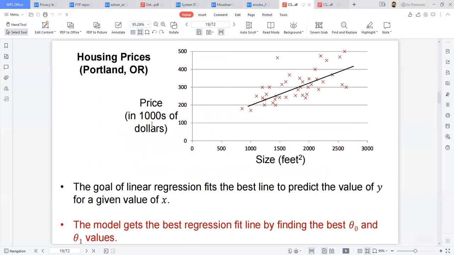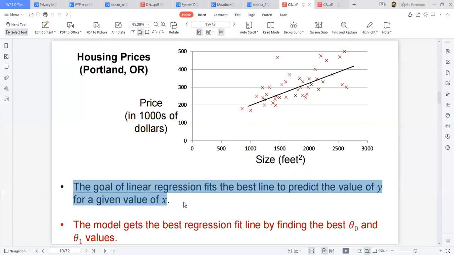Next is similar. We have size and we have price, so we have to set this line on the whole data so that we get the regression line. How can we get that regression line? The goal of linear regression is to fit the best line to predict the value of y for a given value of x.